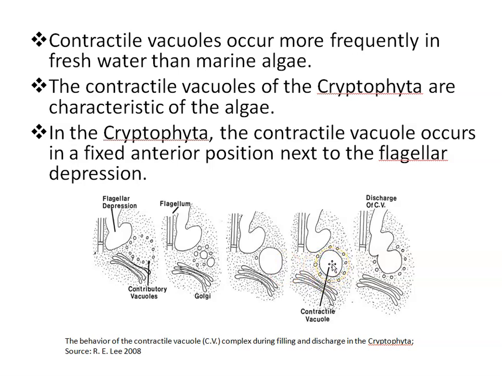Now these vacuoles appear around the rounded contractile vacuole, and the vacuole then fuses with the plasma membrane of the flagellar pocket. Here you can see this is the flagellar pocket, and the contractile vacuole fuses with this. Then discharge. This contractile vacuole discharges its content outside the cell.